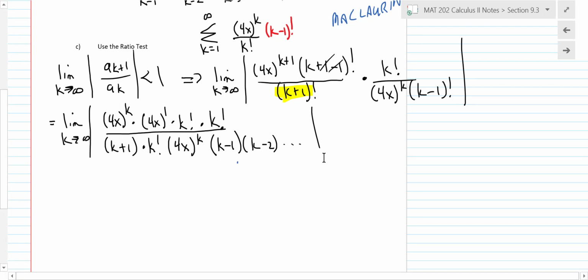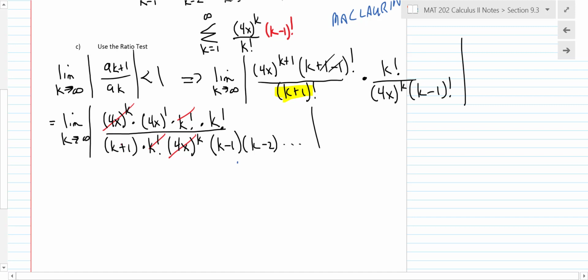So let's see what cancels out on that and everything. Seems like I may be missing something here. So that's going to cancel. That's going to cancel. And let's see, does anything else cancel? I don't think anything else cancels on this one.